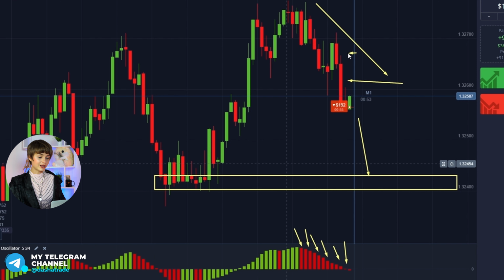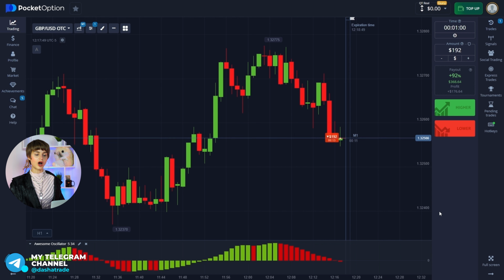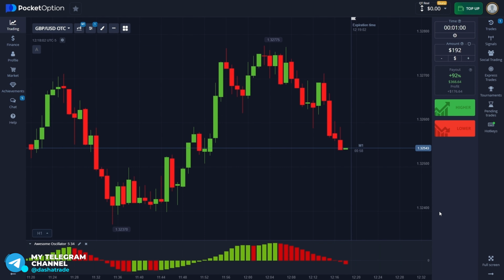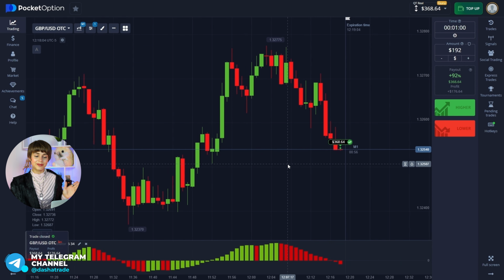And the seller was also providing great impulsive candles. Okay, these candles confirm the seller's force, which will push the price lower. Before opening a position, I recommend you check how the indicator used to work out on history. And we're confidently closing on a profit!